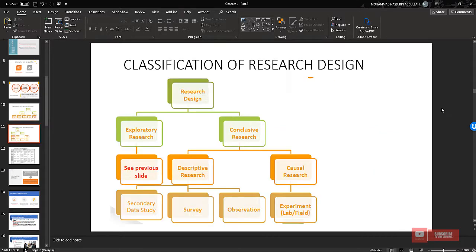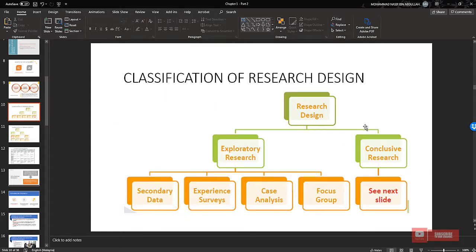For conclusive research, they are divided into 2 parts, descriptive research and causal research. For descriptive research, we can get data from a secondary data study, survey, or observation. But causal research is done by doing experiment, whether in field or in lab, right?